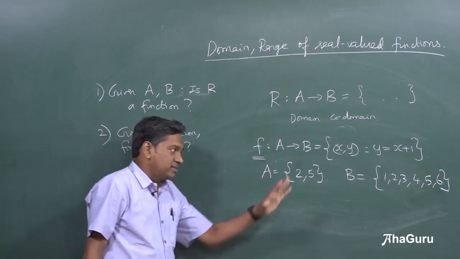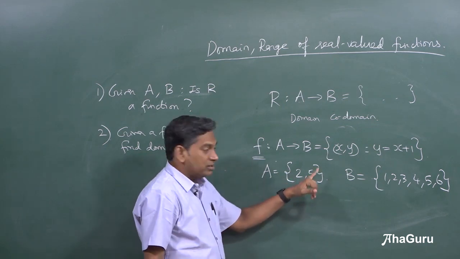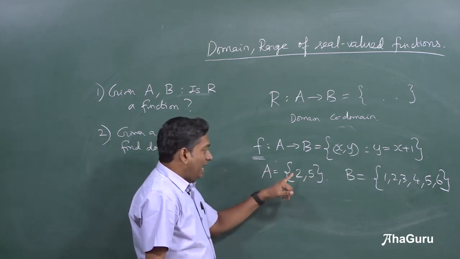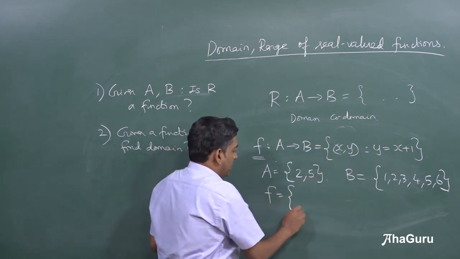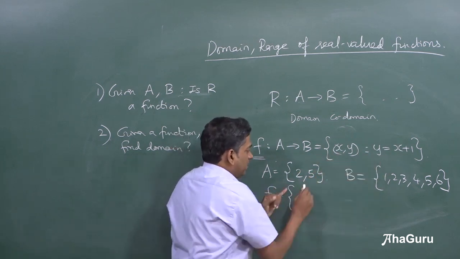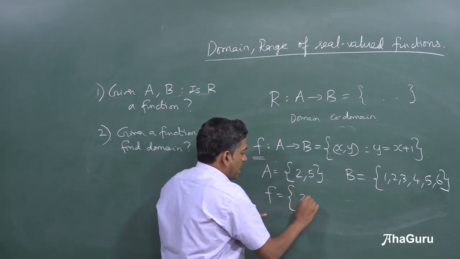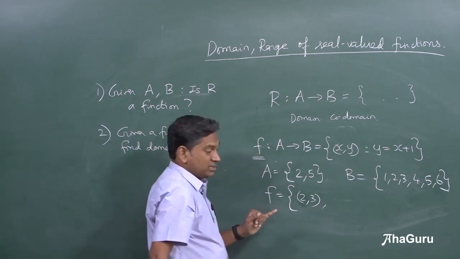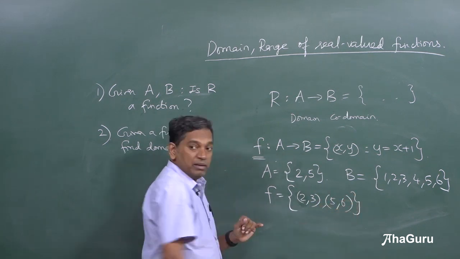Is f a function? Does it satisfy all the conditions? Well, 2 and 5 are the two elements in A, so what will f contain? Y is x plus 1, so you will have 2 comma 3 as one of the elements, and 5 comma 6 as one of the elements.